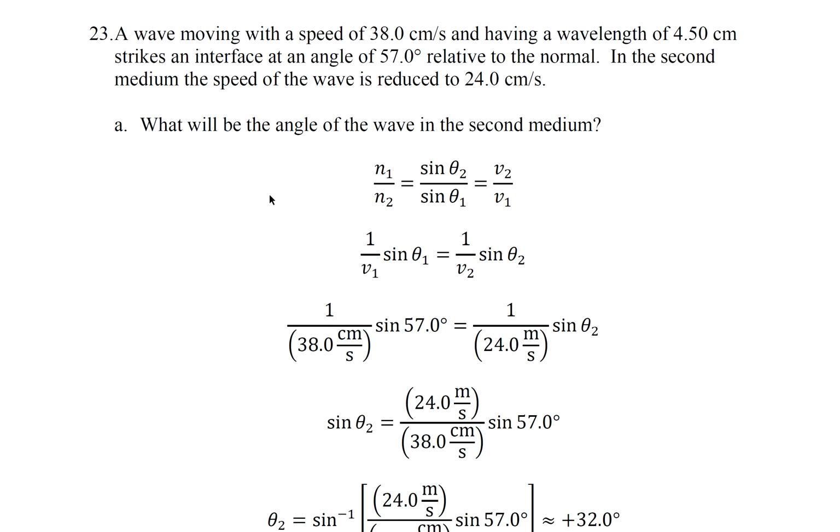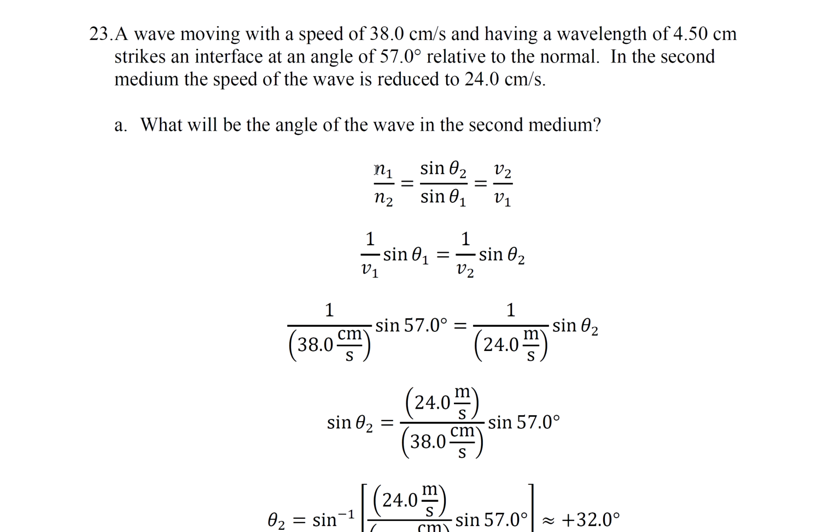Question 23. A wave moving with a speed of 38 centimeters per second and having a wavelength of 4.5 centimeters strikes an interface at an angle of 57 degrees relative to the normal. In the second medium, the speed of the wave is reduced to 24 meters per second. Part A, what will be the angle of the wave in the second medium?